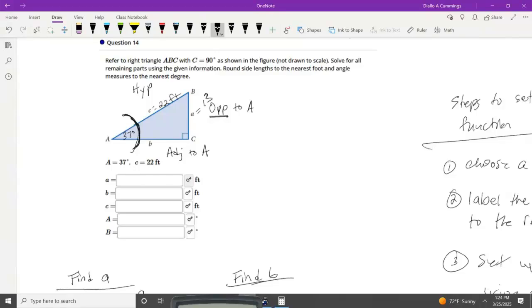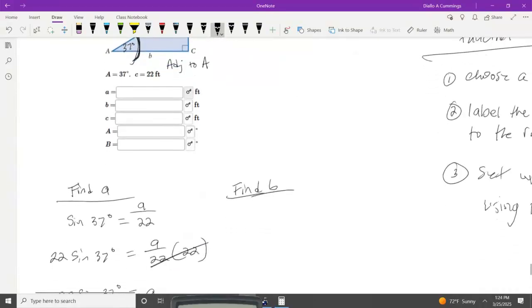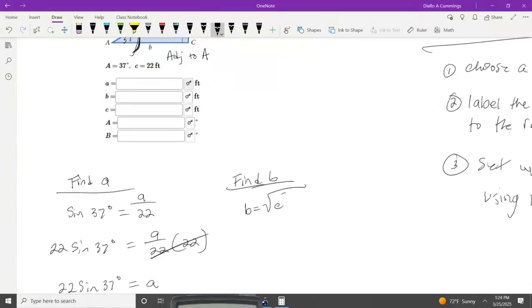We had a formula to find B from earlier: B is equal to the square root of C squared minus A squared. For C, I'm going to substitute in 22, and for A, 13. So B is equal to the square root of 22 squared minus 13 squared.